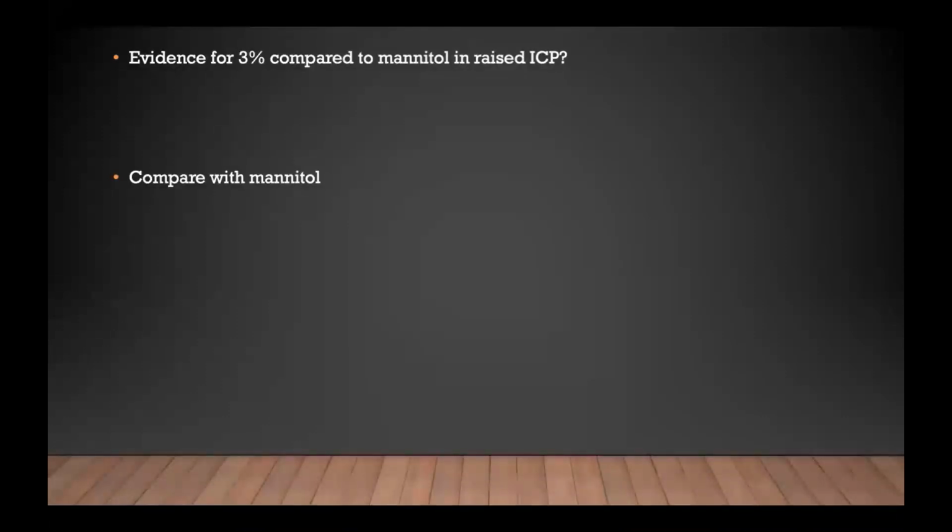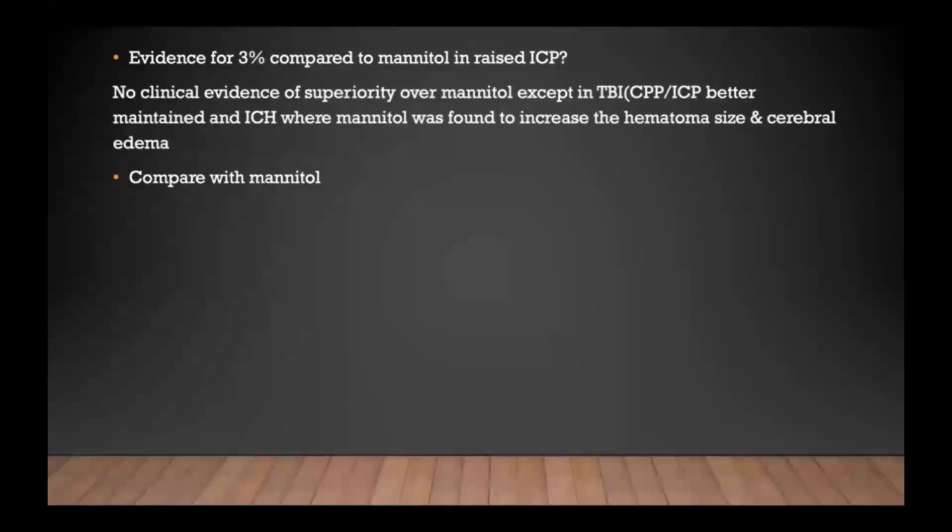But studies say mannitol can be used in boluses for an acute rise in ICP, whereas 3% saline, given as an infusion, gives continuous control of ICP. There is no clinical evidence of superiority of 3% over mannitol. But in some TBI cases and ICH, mannitol was found to increase the size of the hematoma.